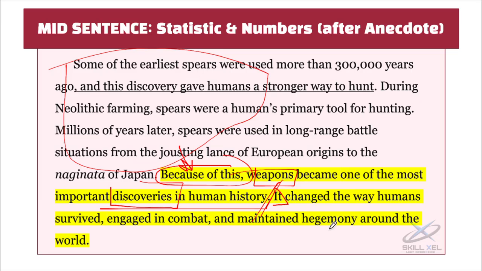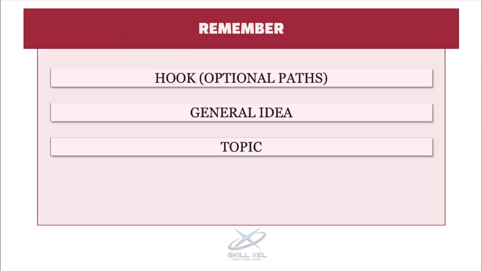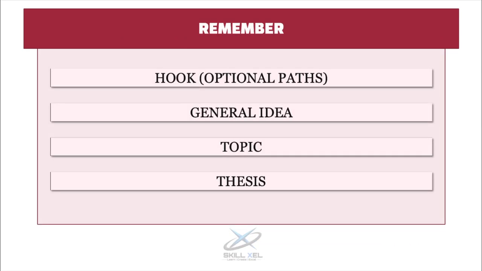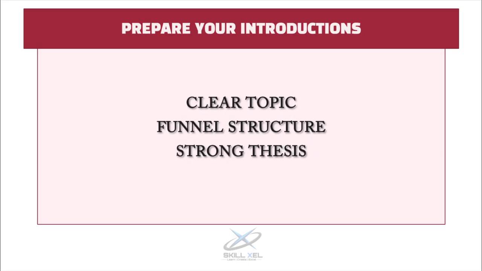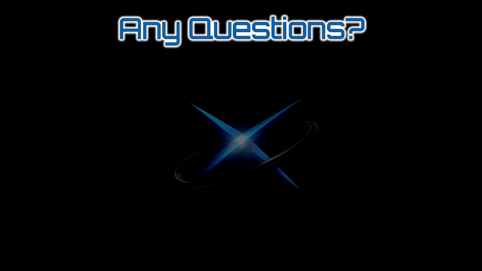If I can show you here, the topic weapons discoveries were introduced. And then finally we can get to our thesis, or thesis statement should be complete by the end of the paragraph. So, of course, having a clear topic, a funnel structure, and a strong thesis, you can survive the introduction paragraph process.